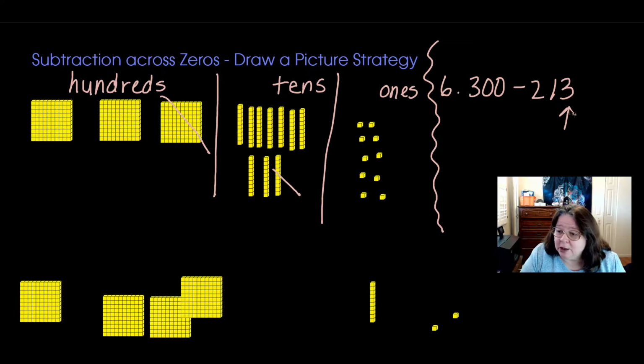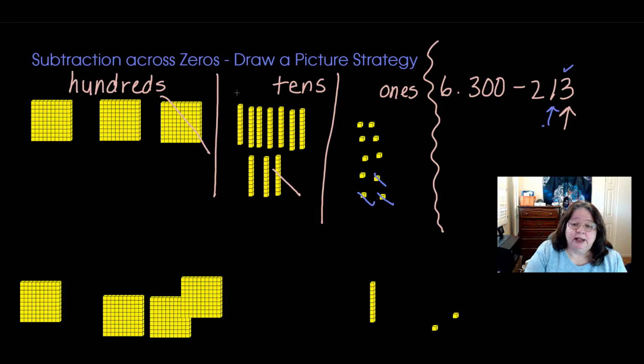Now can we take away 3 ones? Yes, we can. I'm going to use a different color to show our actual subtraction. This was our regrouping. Let's take away 3 ones. 1, 2, 3. We took away the 3 ones. Now we need to take away one of the tens, because this is the tens column, so this isn't just taking away 1, it's taking away one group of 10.